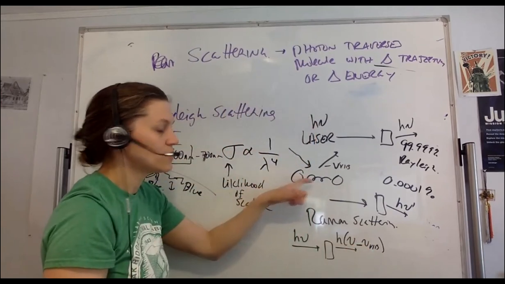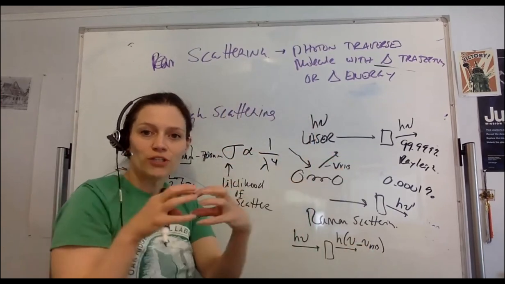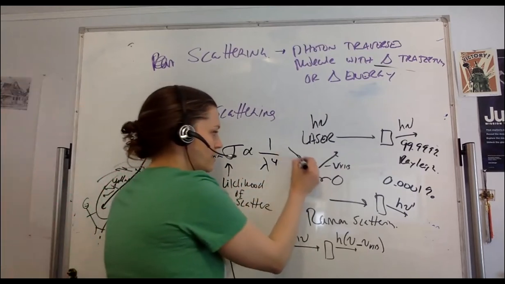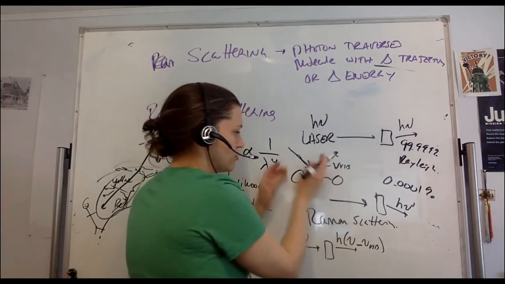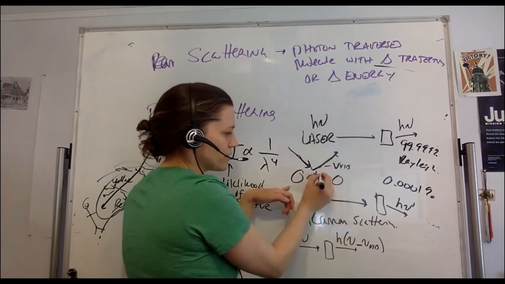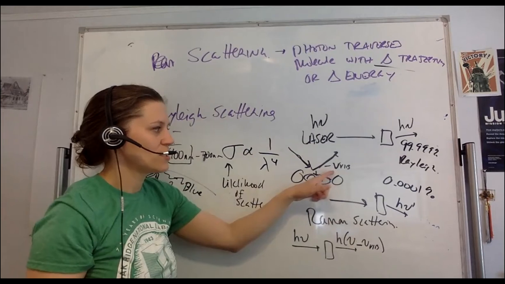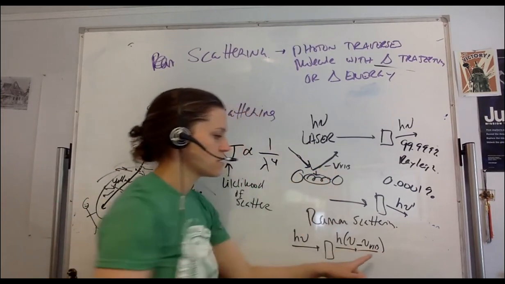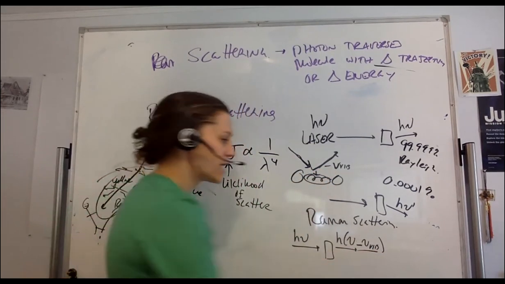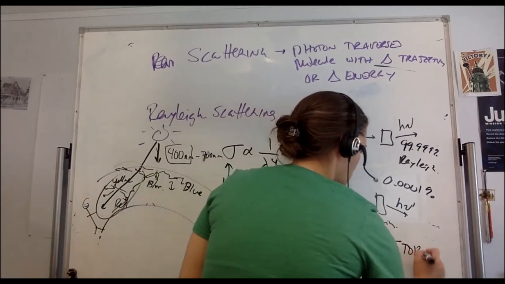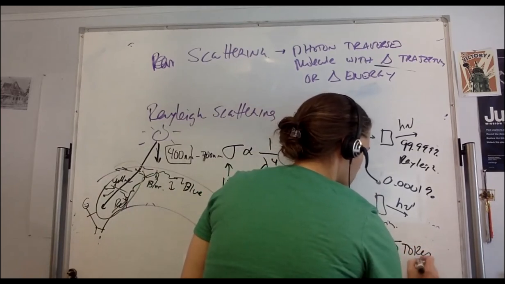So it's now lost a little bit of energy. When the light changes its direction, it loses a little bit of energy, and that goes into an increase in the vibrational mode, such that the light that comes out has lost that frequency. That's called a Stokes shift, or Stokes scatter.